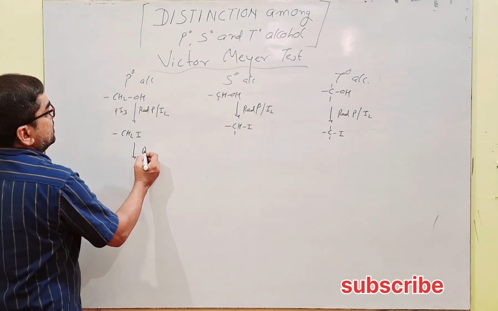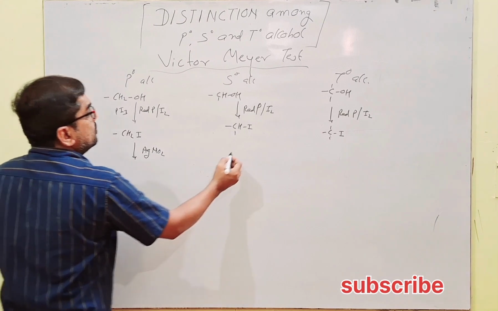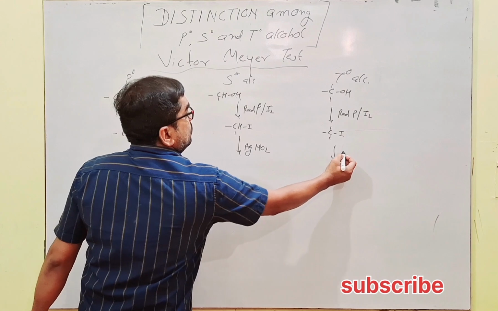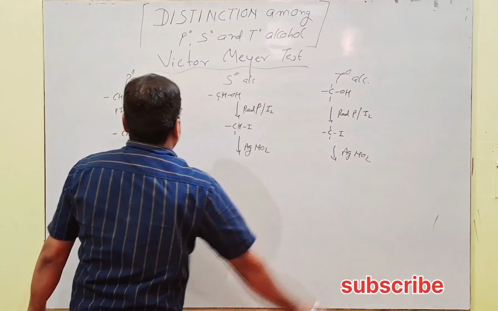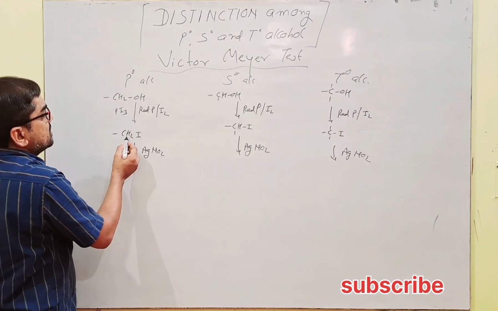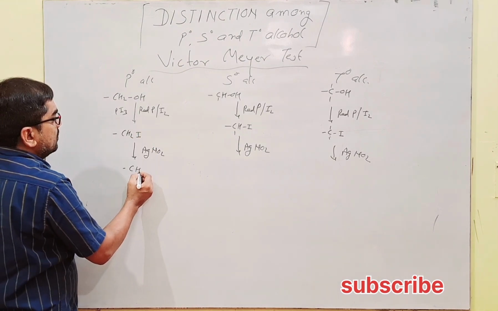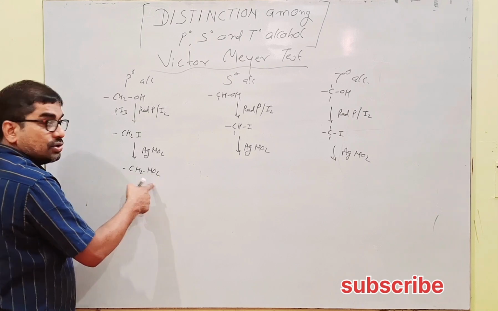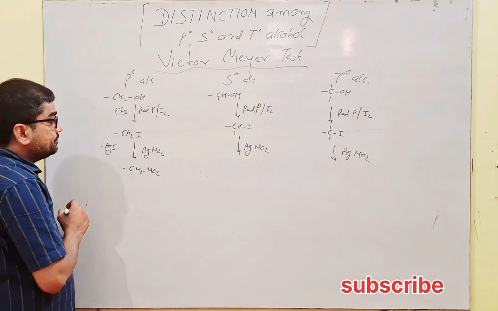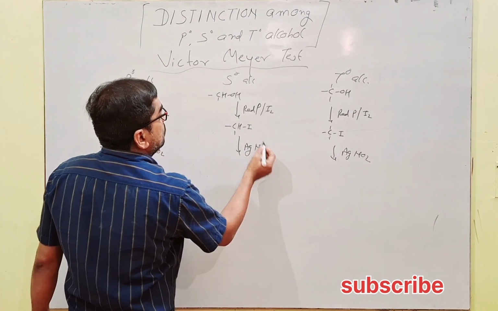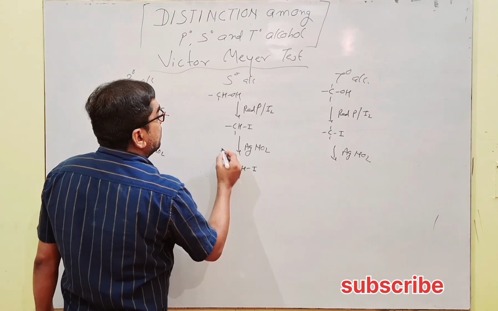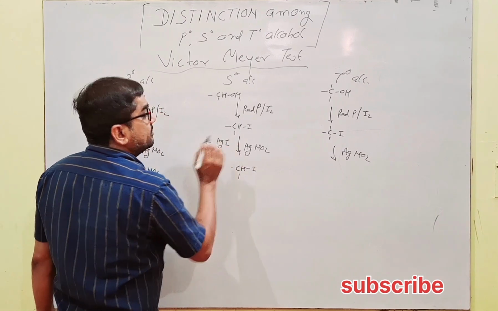Then silver nitrite AgNO2 is added. Now here nitro displaces iodo and here CH2NO2, the nitro derivative of alkane, is obtained with elimination of AgI precipitate. Here NO2 displaces I, with formation of CHI with elimination of AgI.